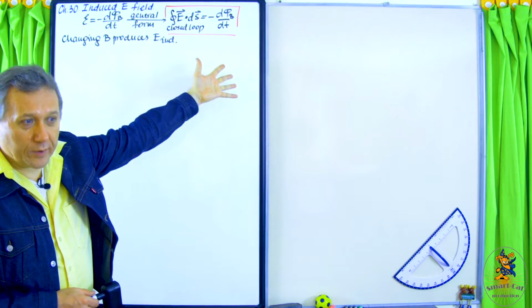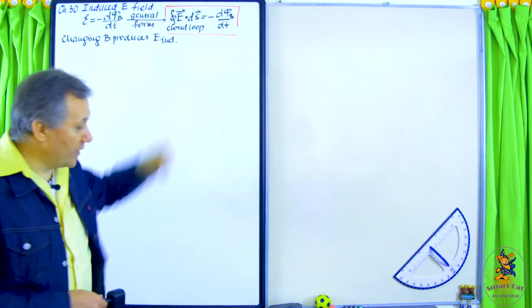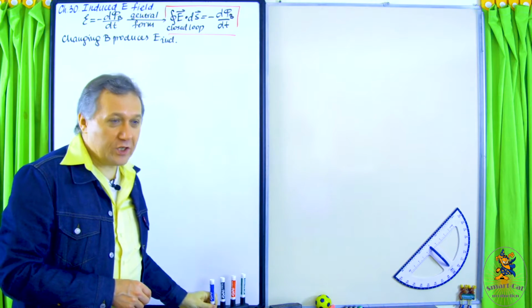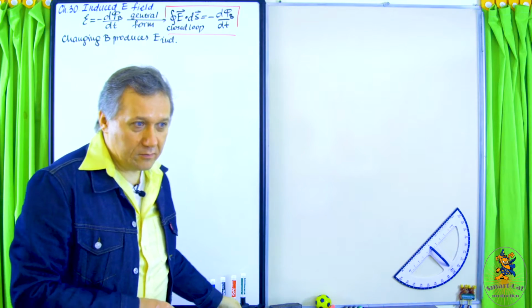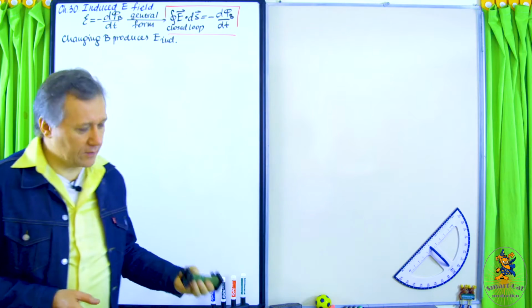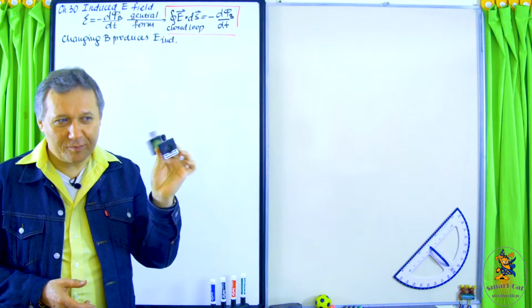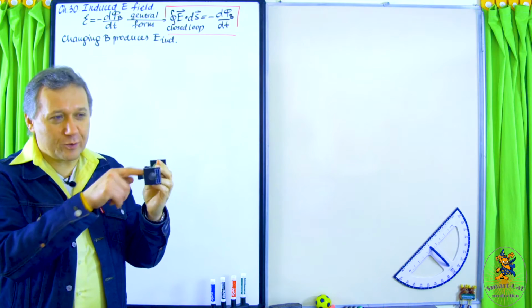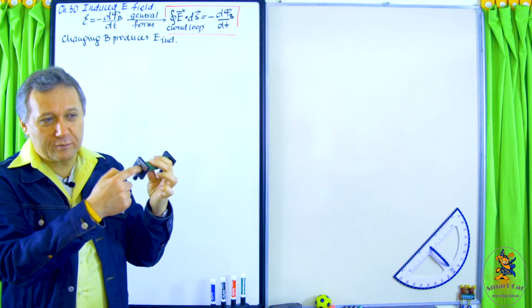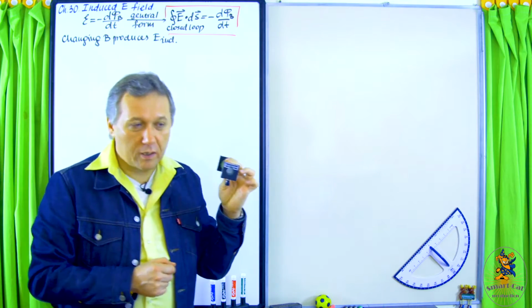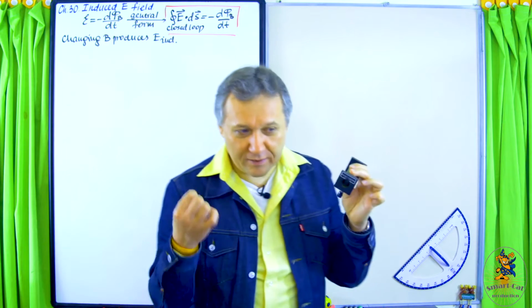All right, okay, now let's apply this somewhere. Where can we easily get a changing in time magnetic field? Of course, there are plenty of situations, but the simplest is a solenoid. If you drive current through the solenoid, inside of the solenoid there will be a uniform magnetic field.